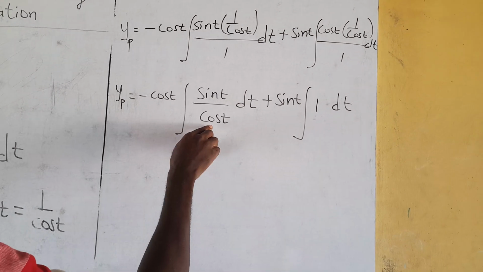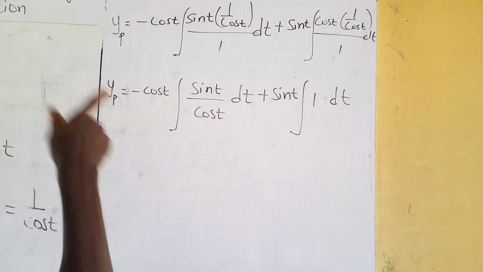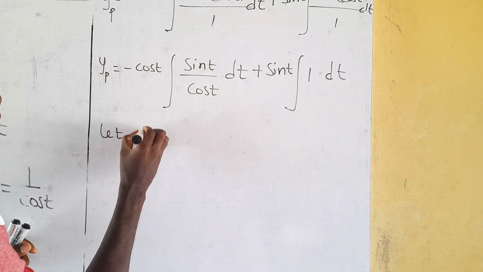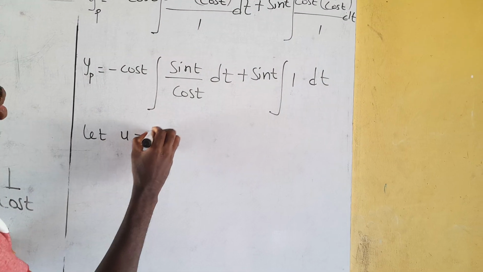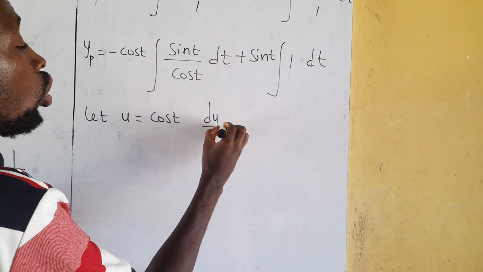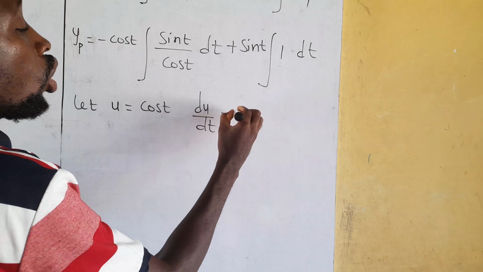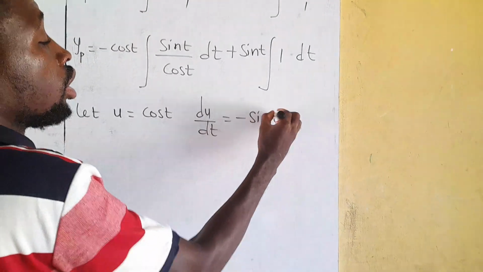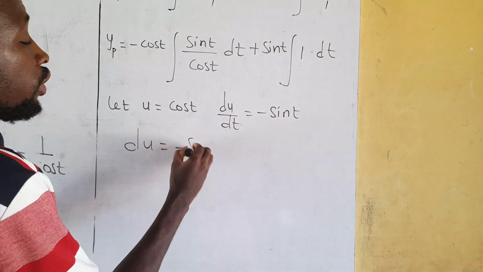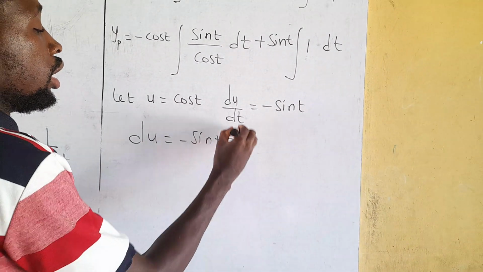We need to see if we differentiate cos t, we get sin t. Then we can use integration by substitution. So we let u be equal to cos t. Then our du over dt will be equal to negative sin t. Then we can say that du is equal to negative sin t dt.